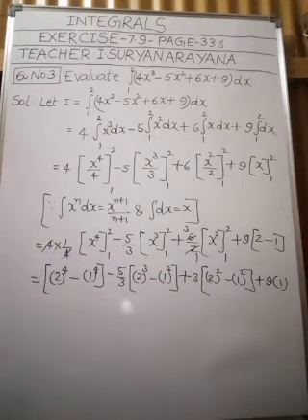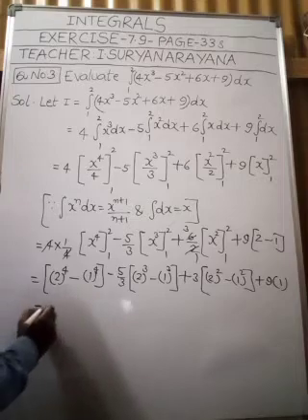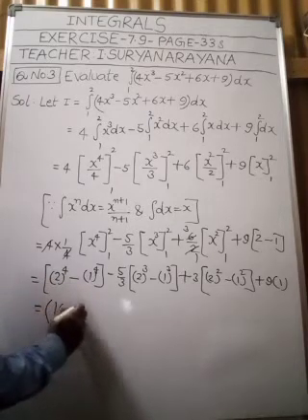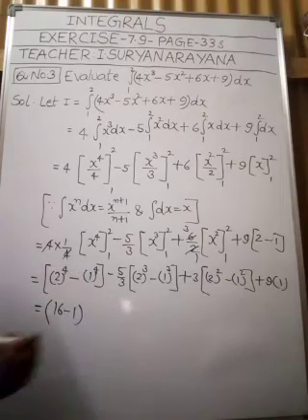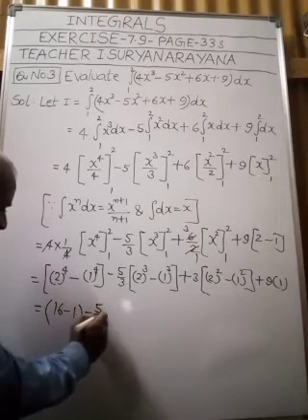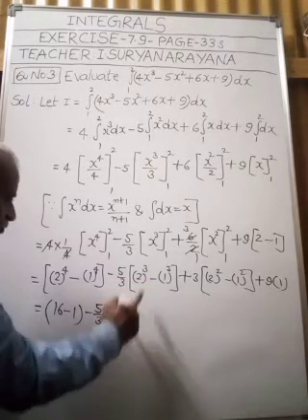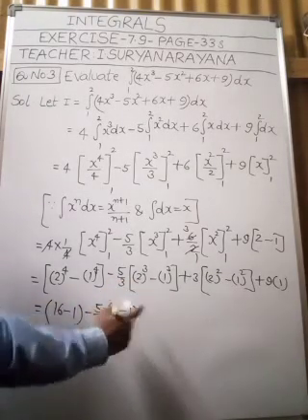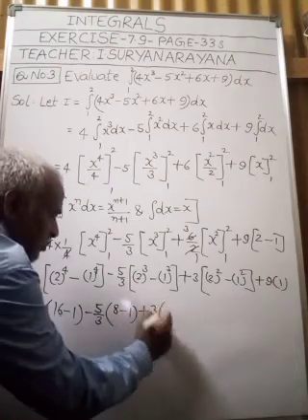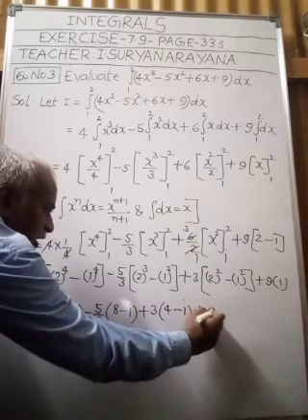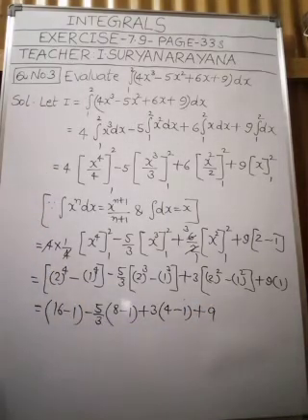Now let us simplify the terms, each and every term. Then what we get here? 2 power 4, 16 minus 1 power 4, 1, minus 5 by 3, 2 cube, 8 minus 1. Understood this part? Plus 3 into 2 square, 4 minus 1, plus 9. Understood this step?